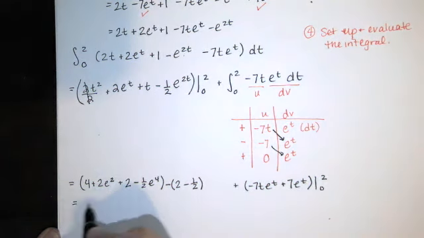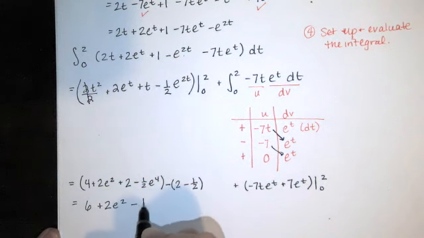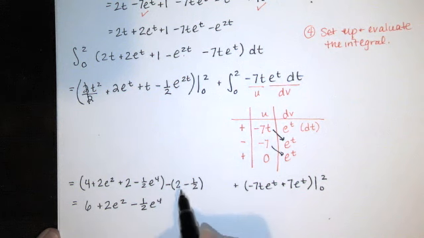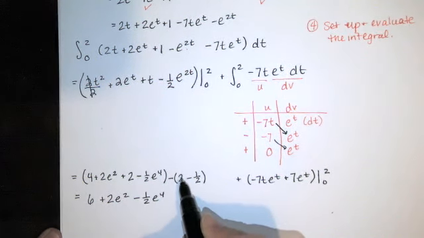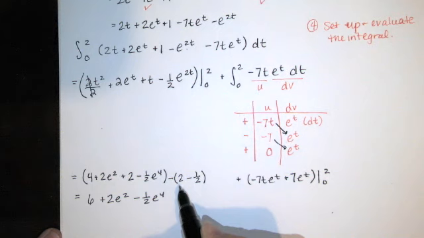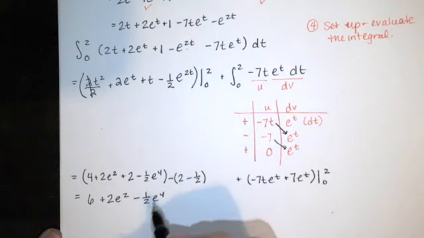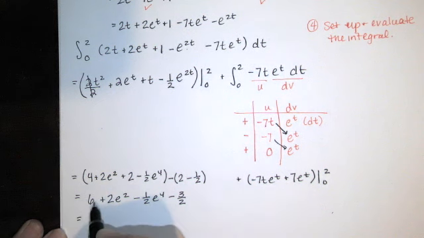So this is 6 plus 2e squared minus 1/2 e to the 4th. And this is 4 halves. 4 halves minus 1/2 is 3 halves. Subtracting 3 halves. If you want, you could write this 6 as 12 over 2.